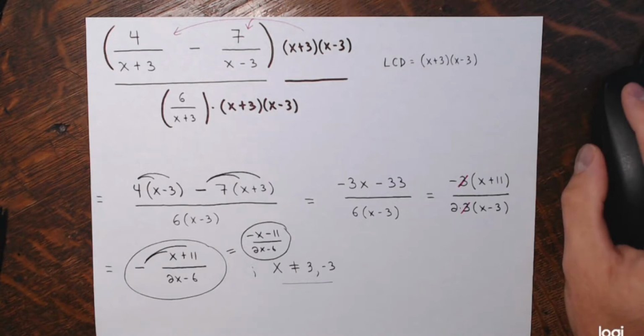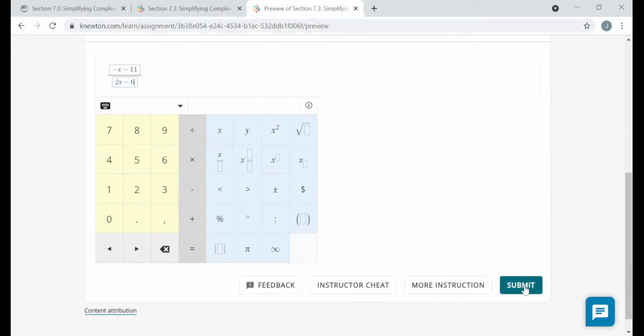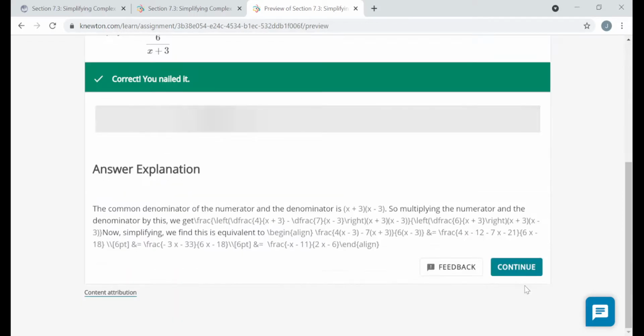I can't put a minus sign out front like I want. So the numerator, negative x minus 11, denominator 2x minus 6. And that's as simple as that would get. Great.